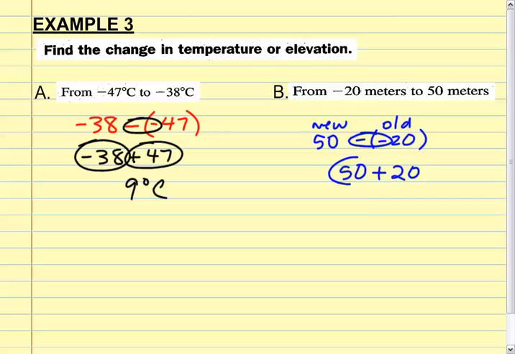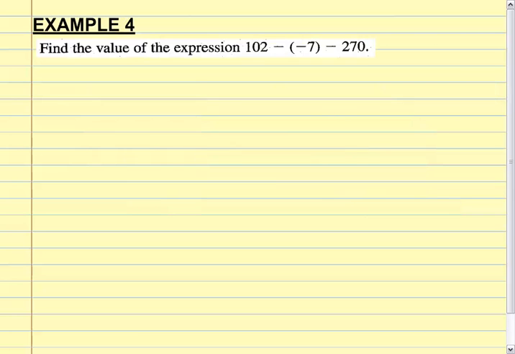Now I've got two terms, 50 plus 20, and that gives me 70. Positive 70, right? 70 meters. That means that the change was positive 70 meters from negative 20 up to 50 meters. Good. I hope you guys see that. I think you've got that pretty good. Let's look at example number 4.